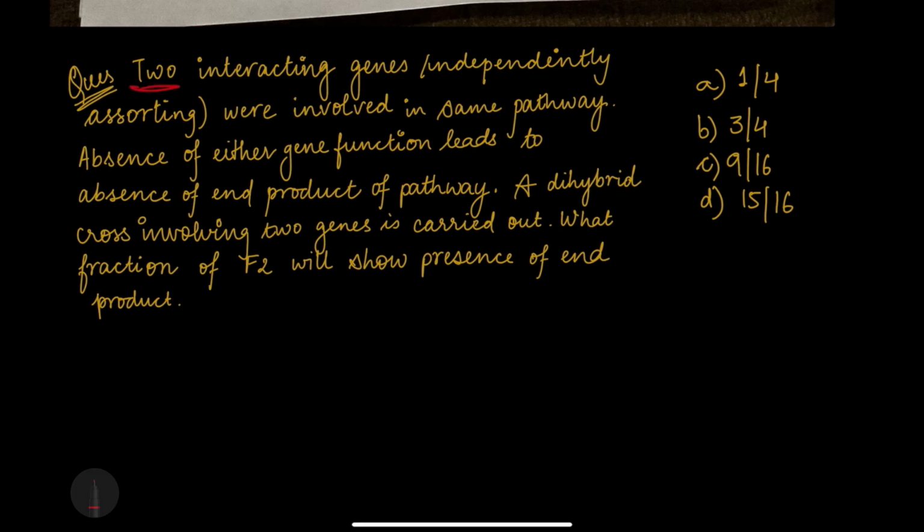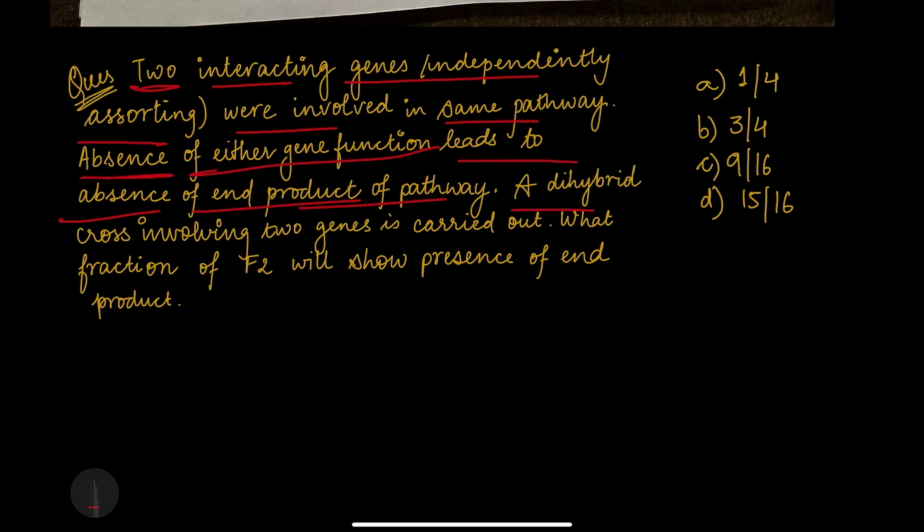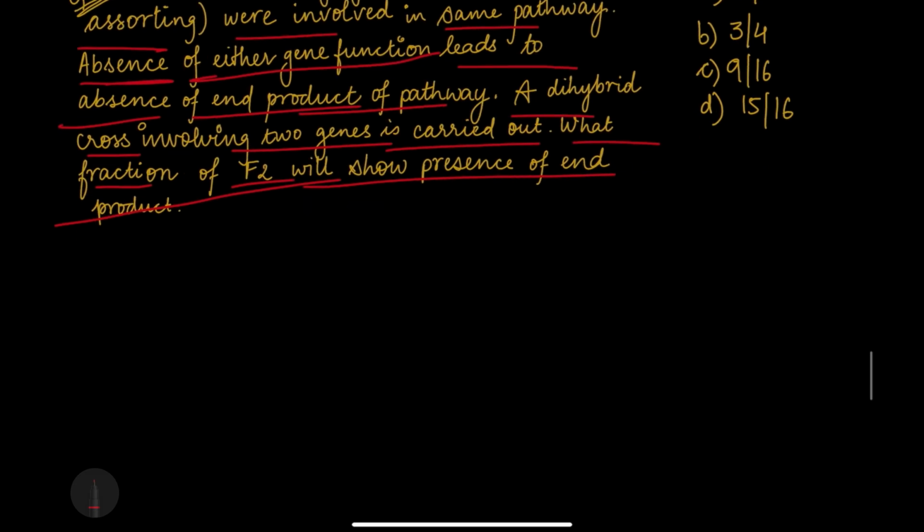Two interacting genes independently assorting were involved in the same pathway. Absence of either of the gene functions leads to the absence of the end product. A dihybrid cross involving two genes is carried out. What fraction of F2 will show presence of the end product? Now it says that we have got this, and this. Absence of any of them.